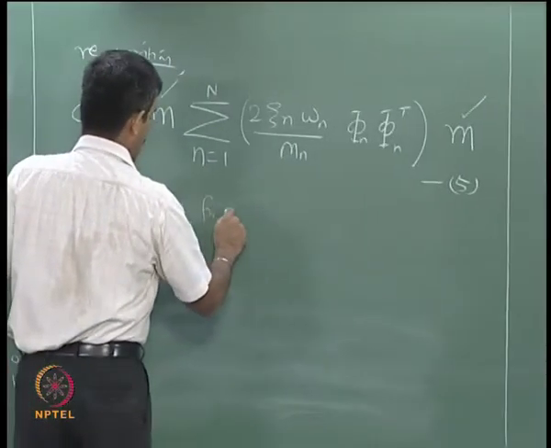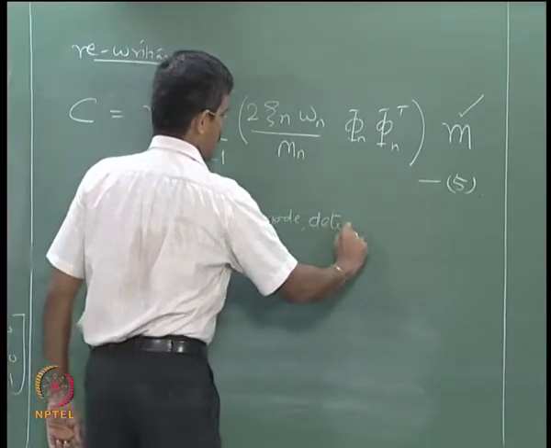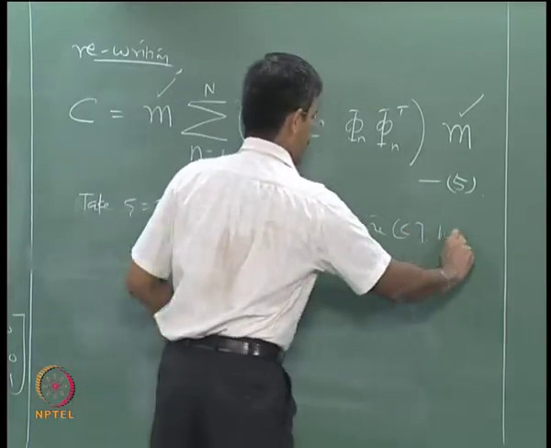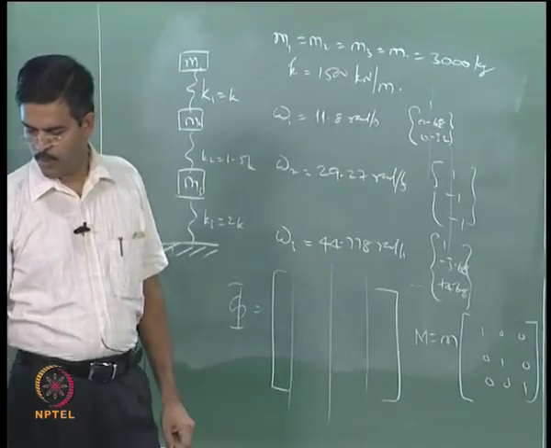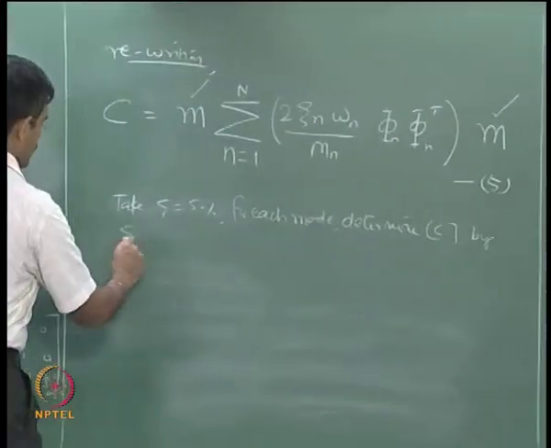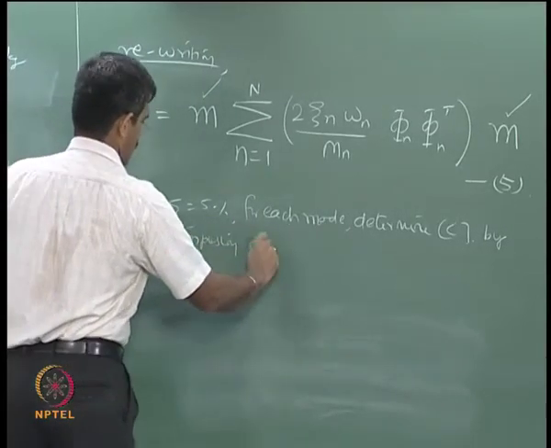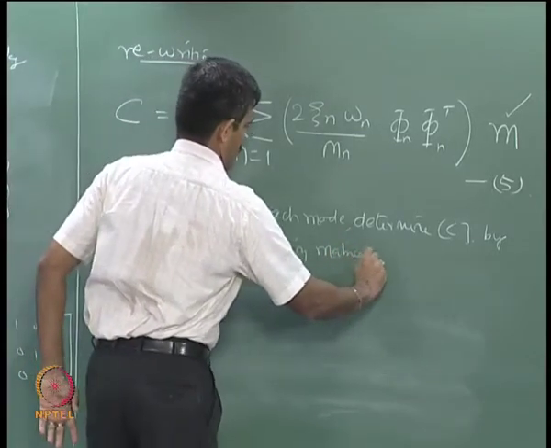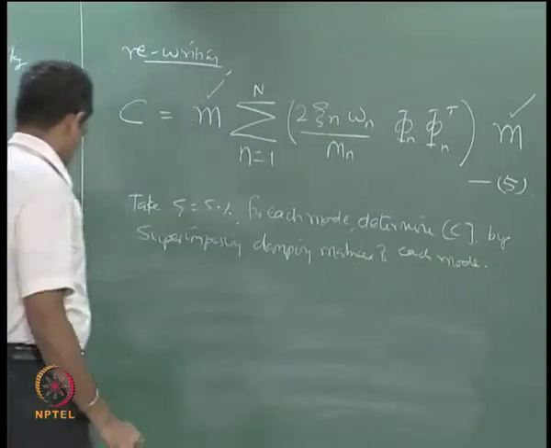Take 5% for each mode, determine C, that is the damping matrix, by superimposing damping matrices of each mode. So let us do this problem.